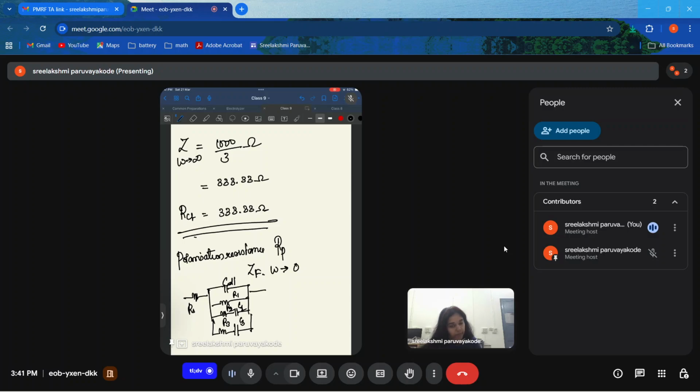This is the figure you are having. As told, when frequency changes, it has no effect on the resistance of a resistor. It will affect the impedance of a capacitor, which is 1 by j omega C. When omega tends to 0, this value tends to infinity.